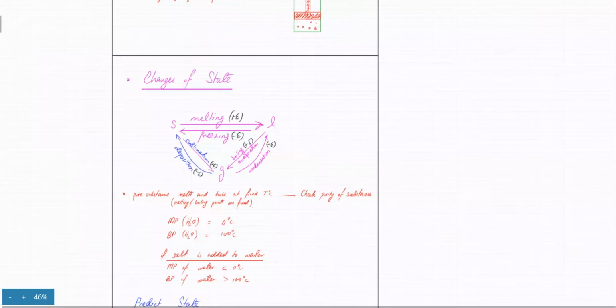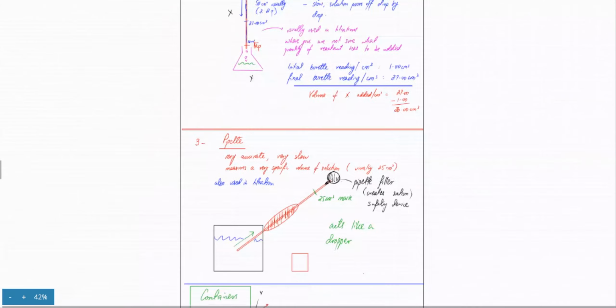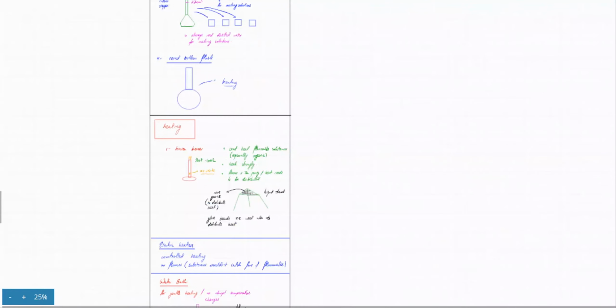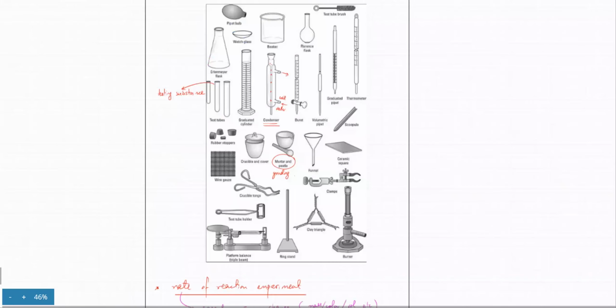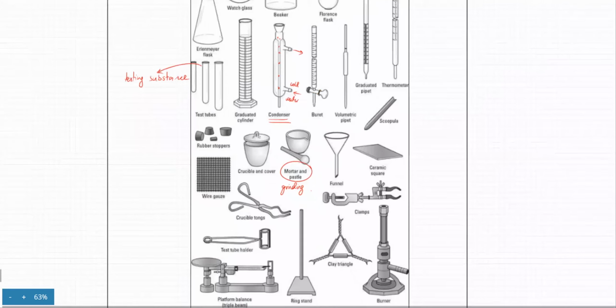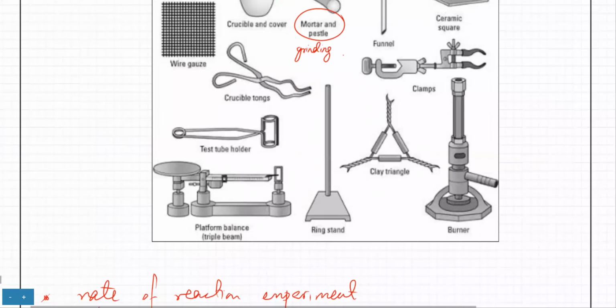Okay, so in experimental chemistry you had all these apparatuses. At the end there was a picture, this is a list of apparatuses. This stand over here is known as a retort stand.